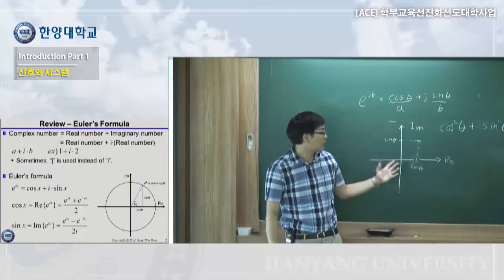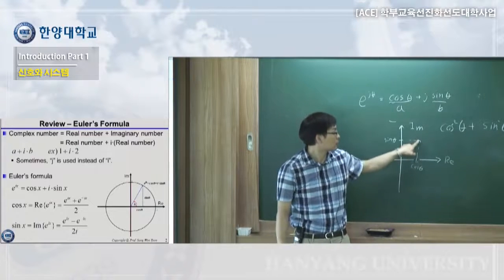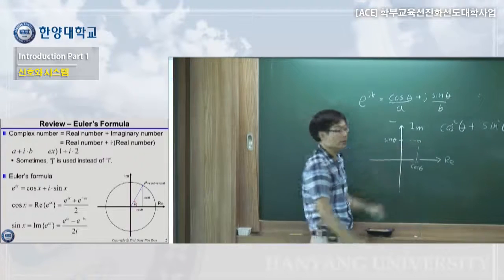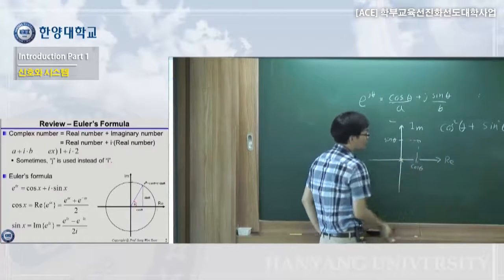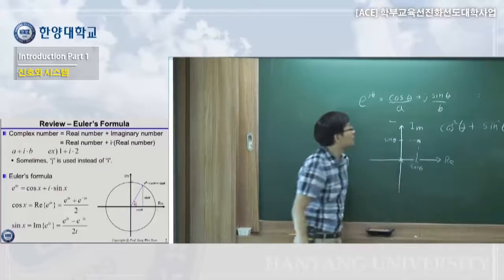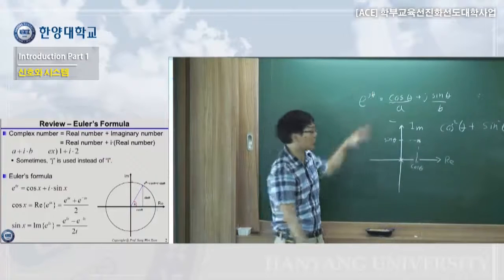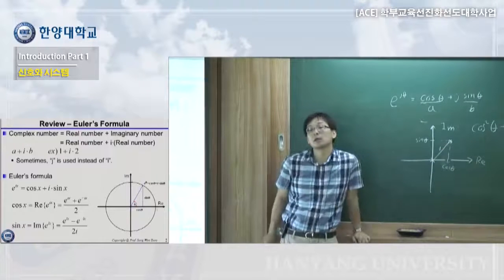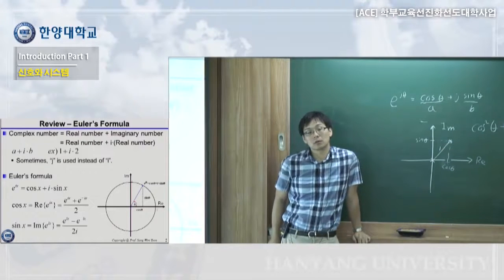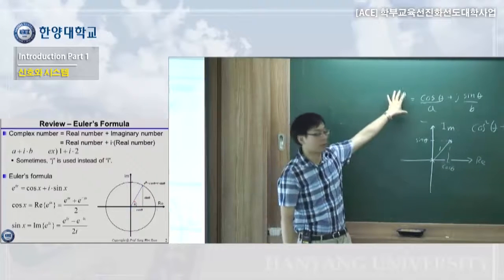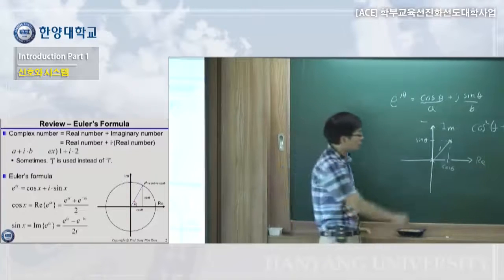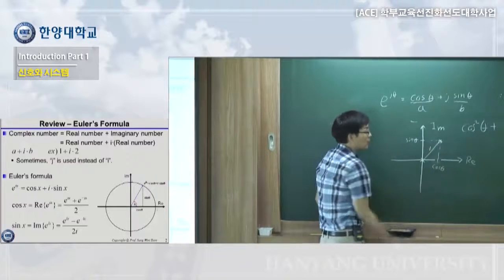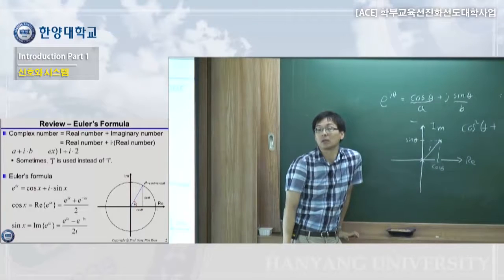So what it says here is that the absolute value, the distance from the origin to this Euler value, is always 1, right? So the things in this Euler equation are at a distance of 1 from the origin.